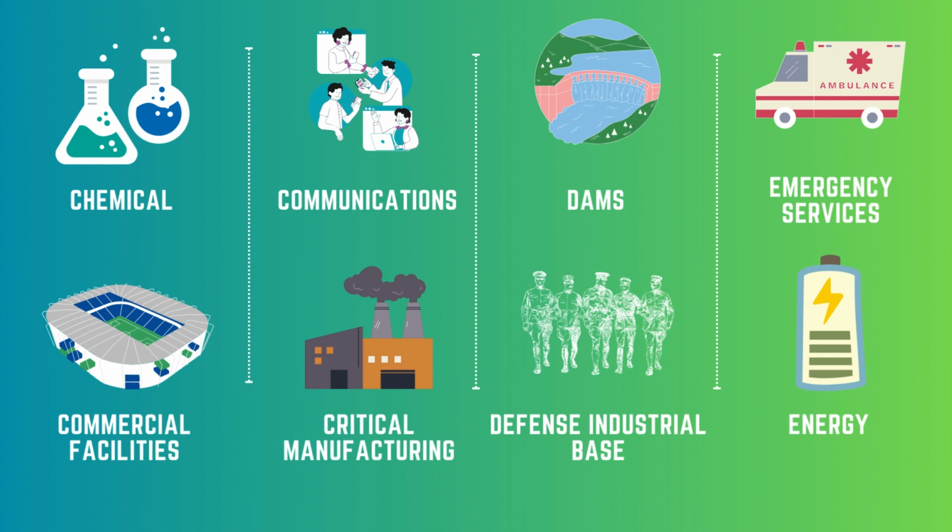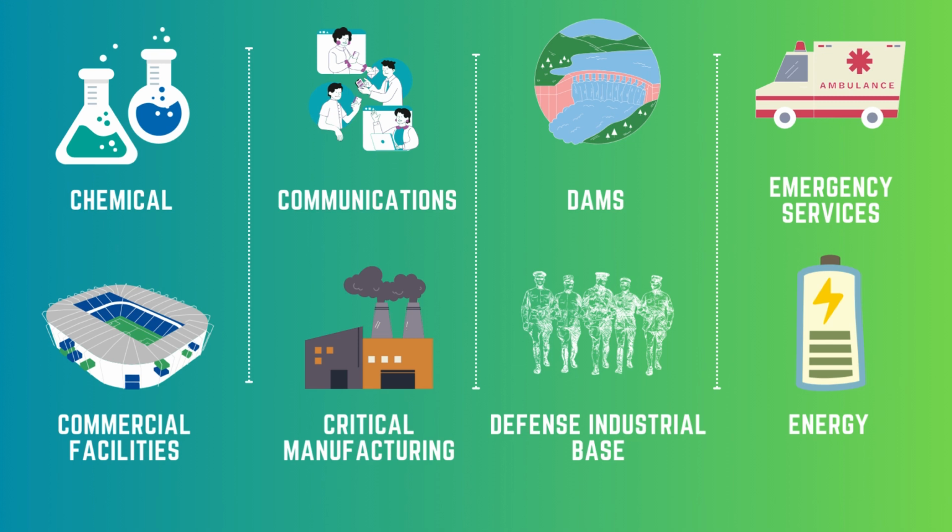Defense industrial base is a sector which talks about all kinds of companies which are dealing with the defense sector of the United States, and they're providing resources or supplies to this sector. So that is very much essential that it should be protected against any kind of cyber attacks for that matter.